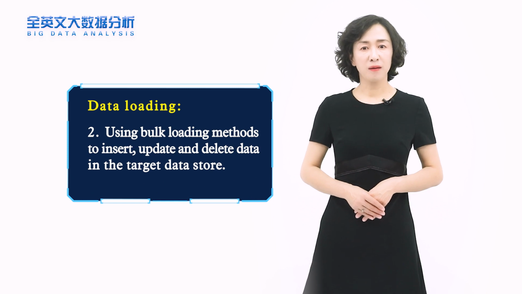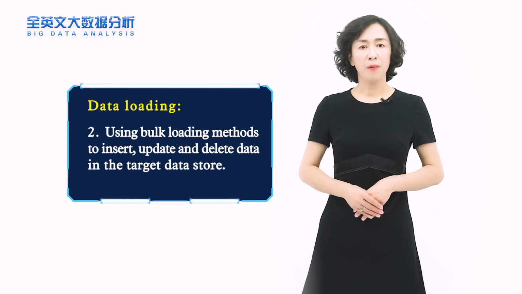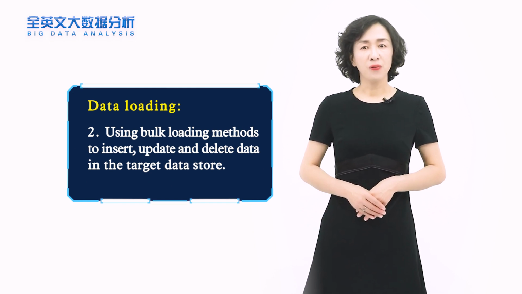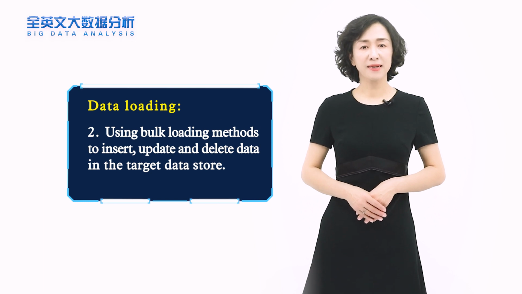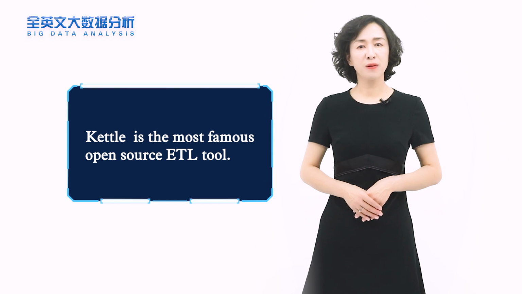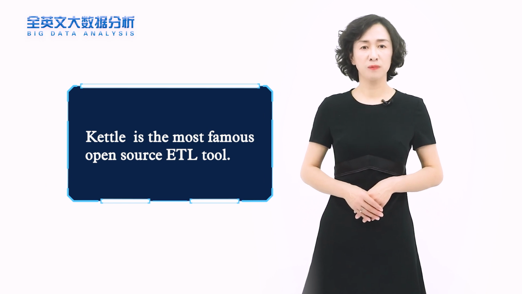Second, using bulk loading methods such as BCP, Bulk Copy Program, relational database-specific bulk loading tools, or API, to insert, update, and delete data in the target data store. If you want to choose the ETL tool, Kettle is the most famous open-source ETL tool.